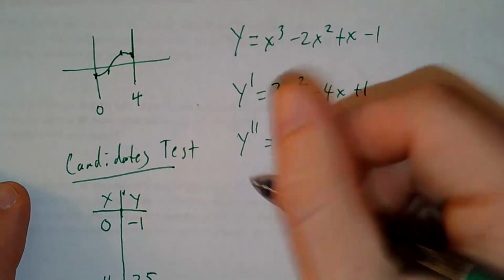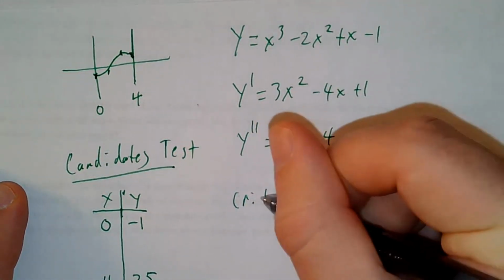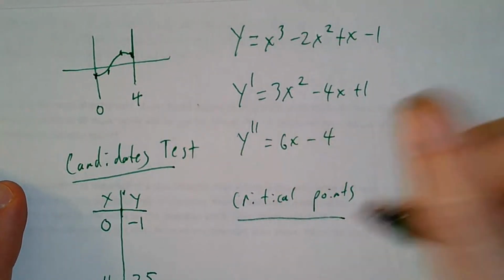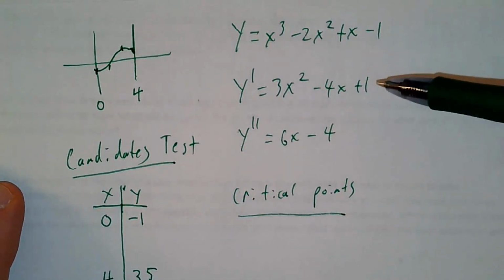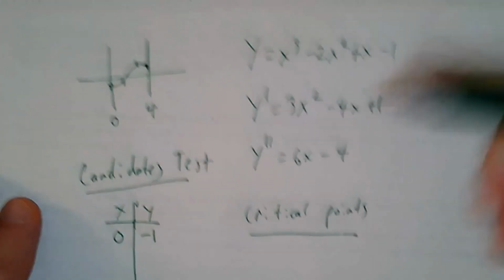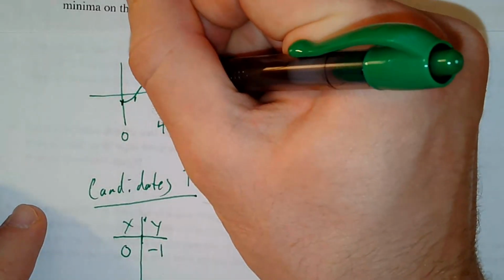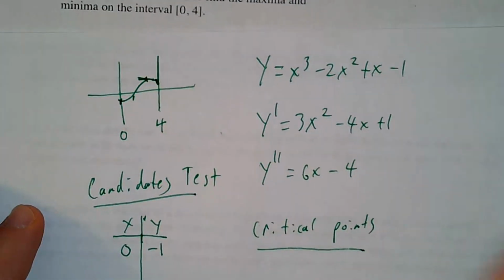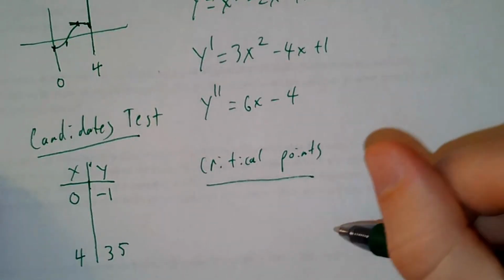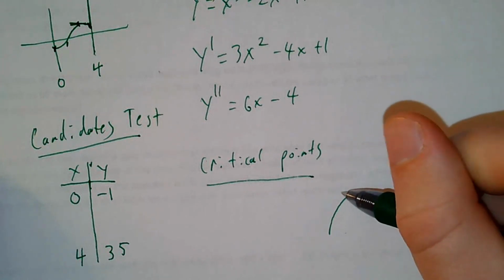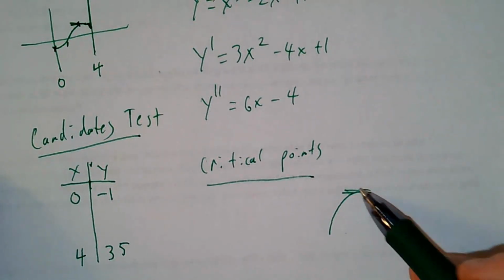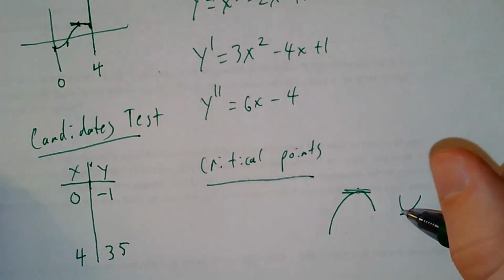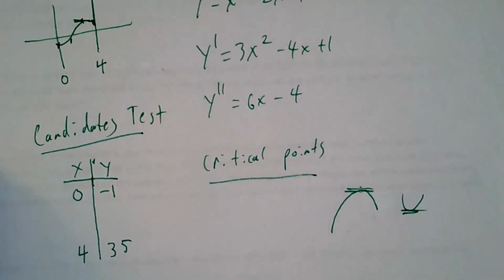So the critical points happen when the first derivative is 0. Because when the first derivative is 0, that means we have a hump. The function is peaking at some point and we have a derivative of 0, a flat line, or it could be going down. We could have a flat line in here, right? So I'm looking, where's the derivative of 0?